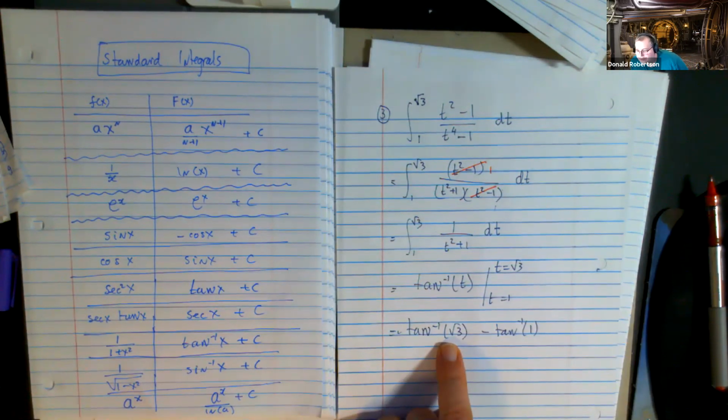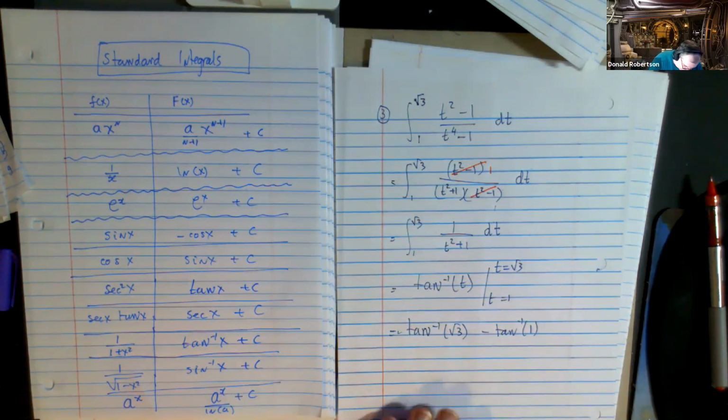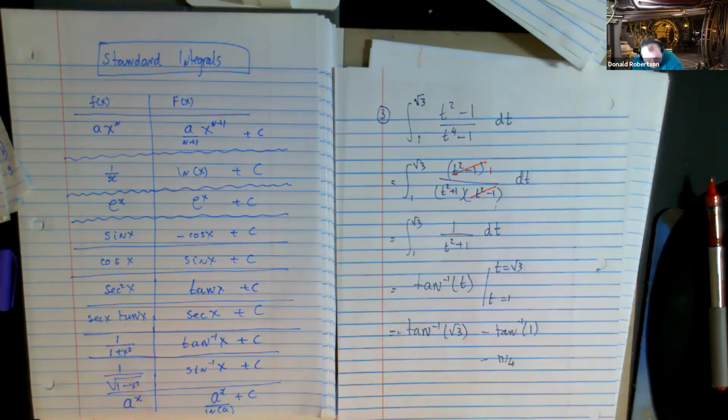If you look at the two triangles, this one here, what angle has a tangent of root 3? And this one here, what angle has a tangent of 1? This one we did earlier, it's pi upon 4. Does anybody remember what the inverse tan of root 3 is? What angle has a tangent of root 3?